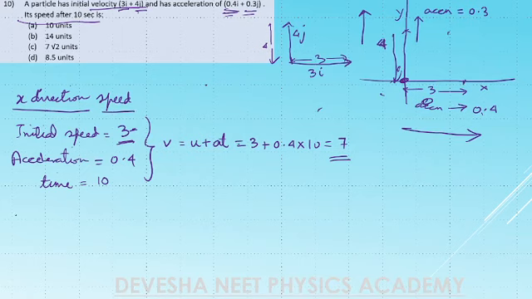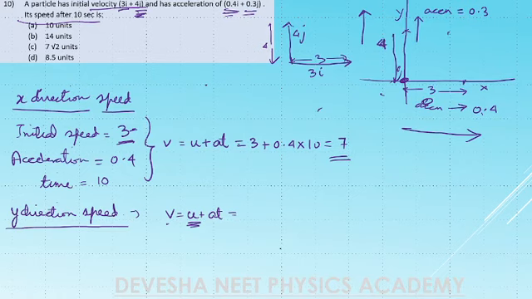Similarly, let's compute the y direction speed. v is equal to, now what is the initial velocity in the y direction? We know it is 4j, it is 4.